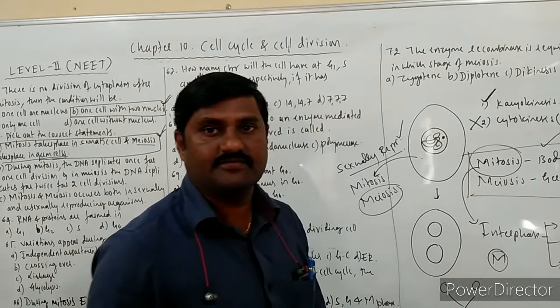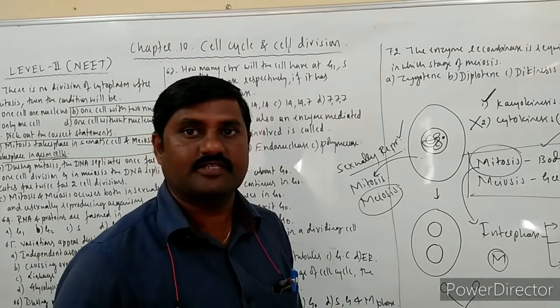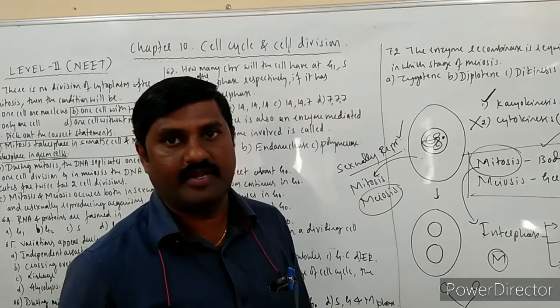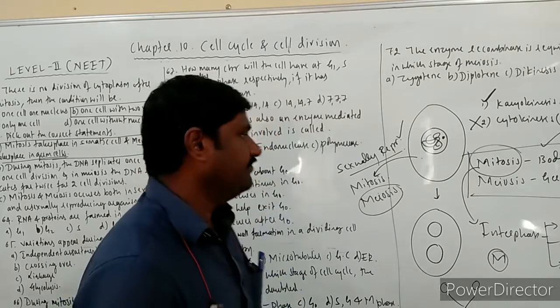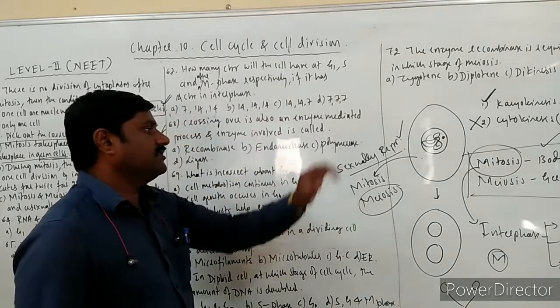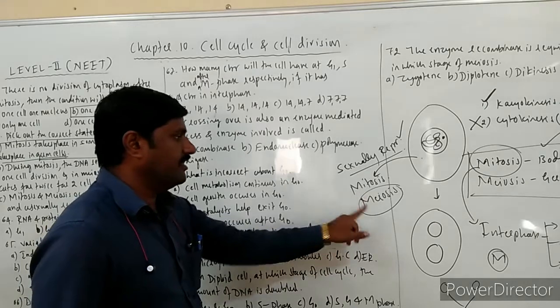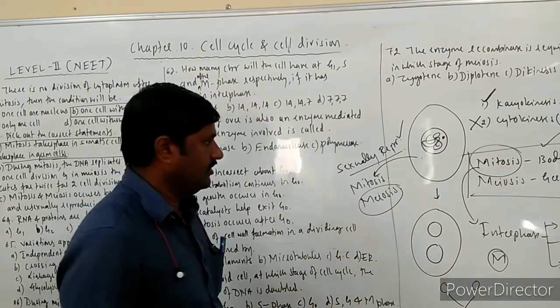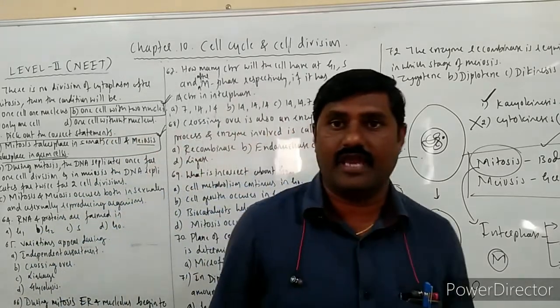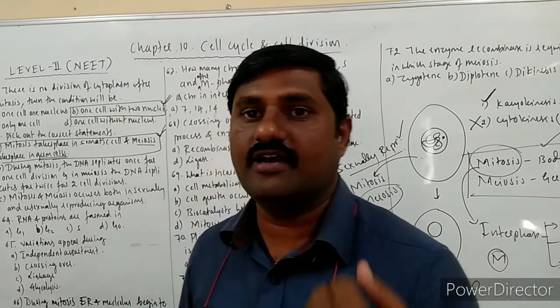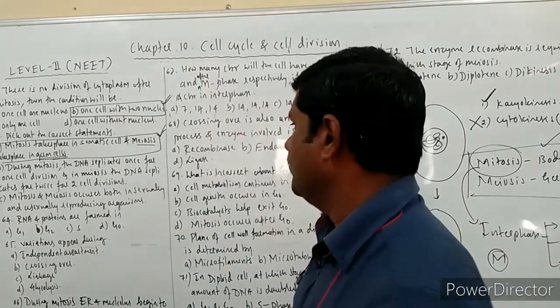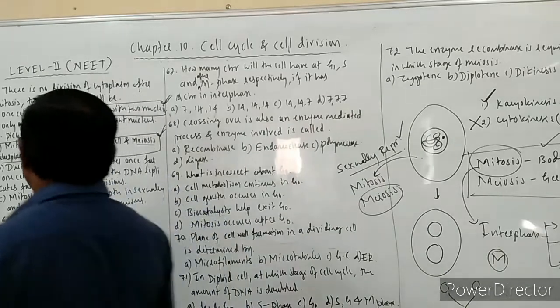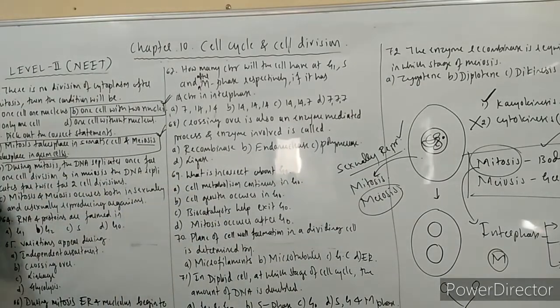Mitotic cell division in sexually reproducing organisms is responsible for the growth and development of the organism. So in sexually reproducing organisms, both mitosis and meiosis take place. What about asexually reproducing organisms? There is no need of any meiotic division there. That is why this statement is also wrong.